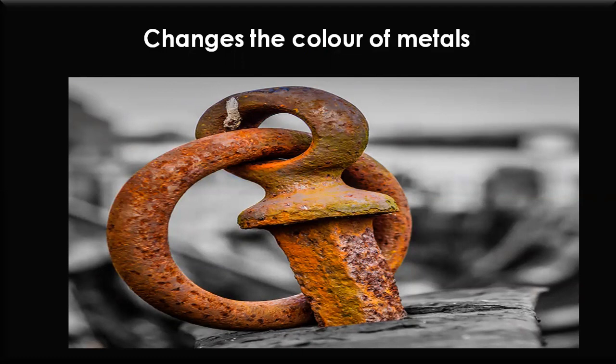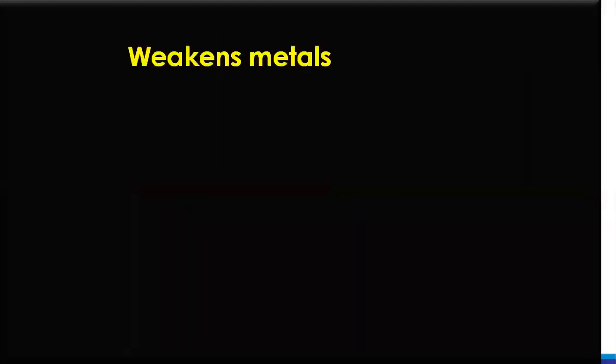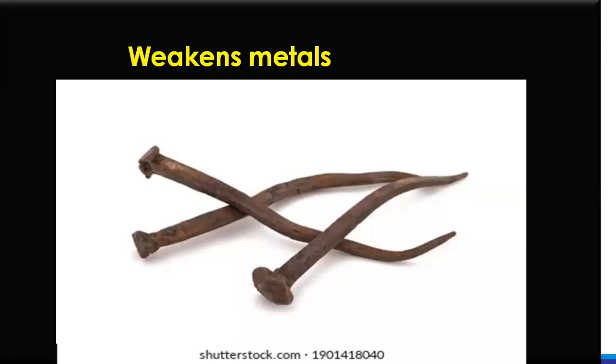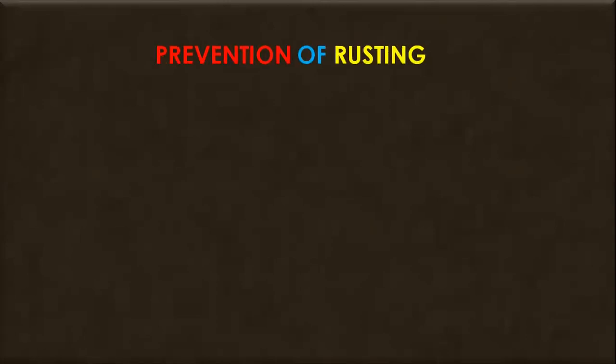It has lost its color because of rusting. We look at weakening metals. Yeah, we saw this. The metals become weaker. Those are some of the effects of rusting.